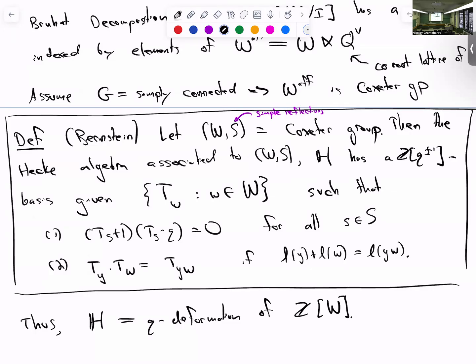So this construction allows for affine Weyl groups. And by q-deformation, I mean when q is set to 1, you recover the group algebra. Okay. Any questions?